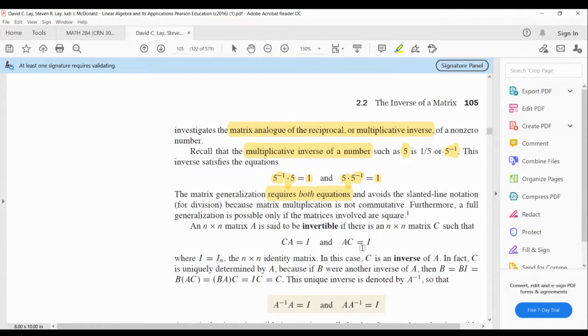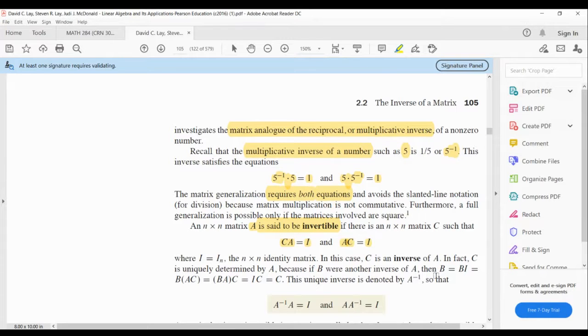All right, if we talk about an invertible matrix A, it would be one where C times A equals the identity and A times C equals the identity. That matrix A would be invertible, and I is your identity matrix.